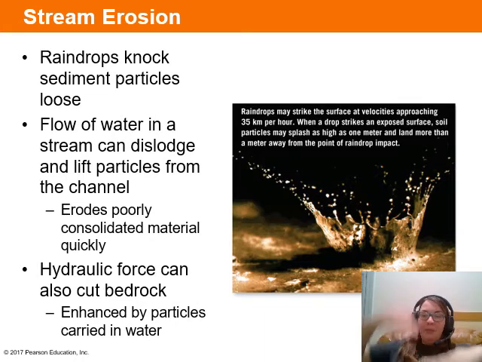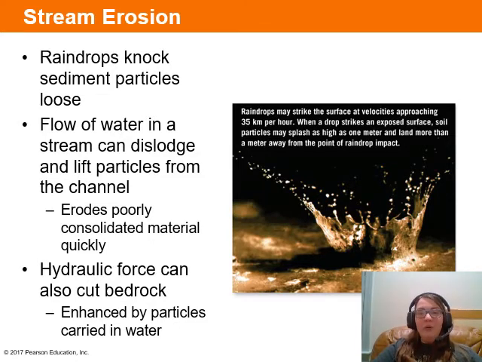When the drop hits the surface of our sediment, it's going to cause the sediment to move around through this backsplash. It's going to move the sediment as much as a meter, or about 3 feet, away from where it was before the raindrop hit it. So within a single rainstorm, we can see a lot of erosion occurring, especially if it's just like a big open loose field.